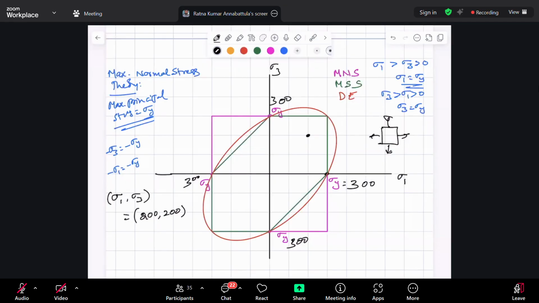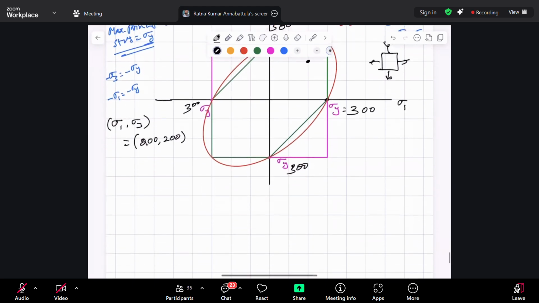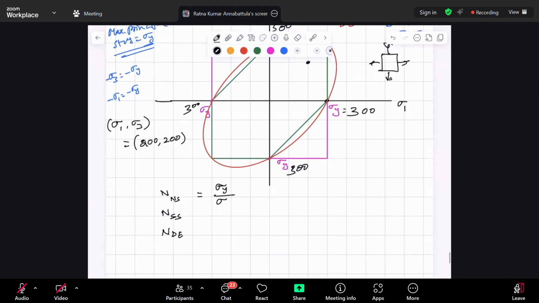Now, let us carefully observe this. Let us calculate the factor of safety according to normal stress theory, according to shear stress theory, according to distortion energy theory. What is factor of safety? Yield strength divided by applied load. For normal stress theory, yield strength divided by sigma P max, the maximum principal stress.